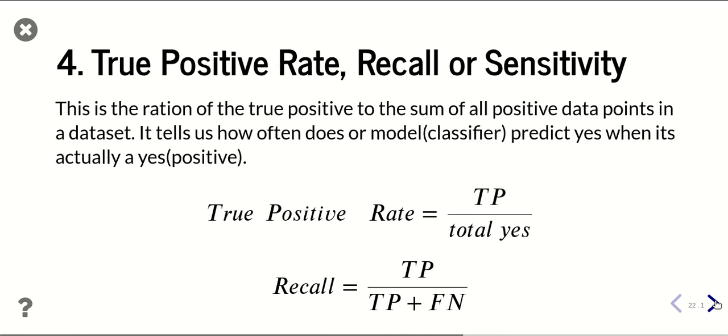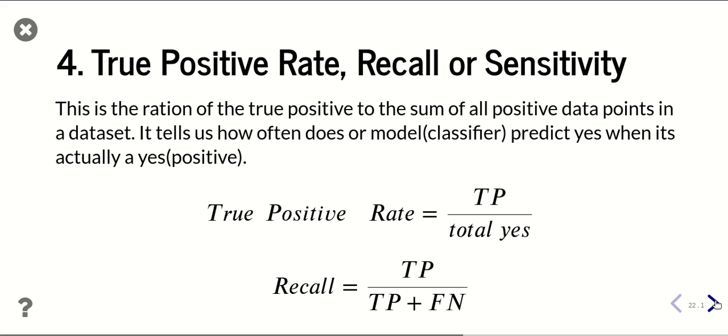So now let's look at sensitivity, or recall, also called the true positive rate. The true positive rate is the ratio of the true positives over the total number of yes within our data. So it's the total number of true positives divided by the sum of the true positives and the false negatives. This one focuses on just the bottom row of the confusion matrix.